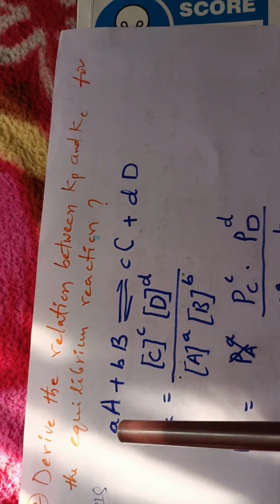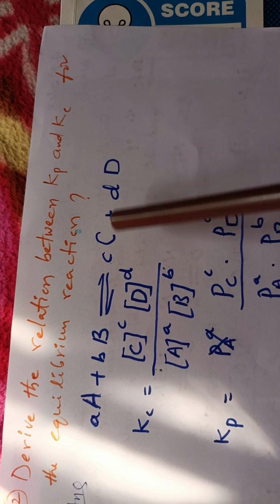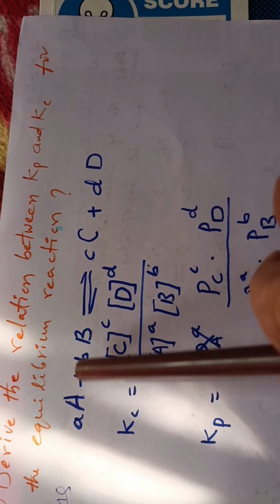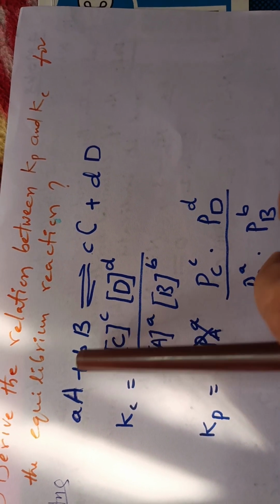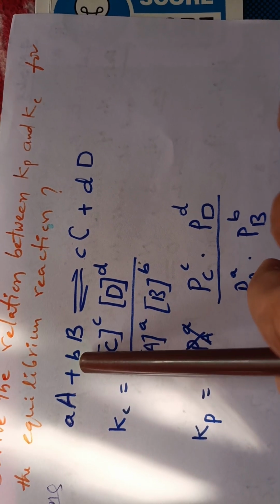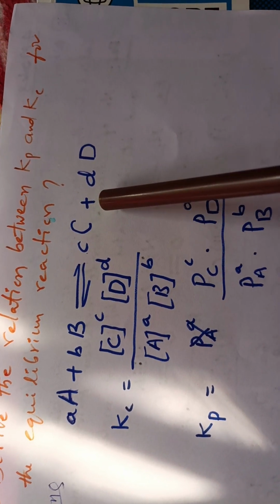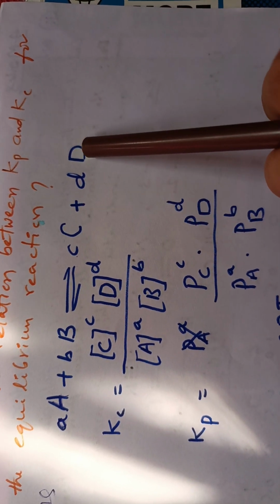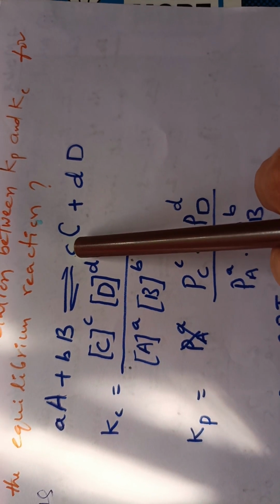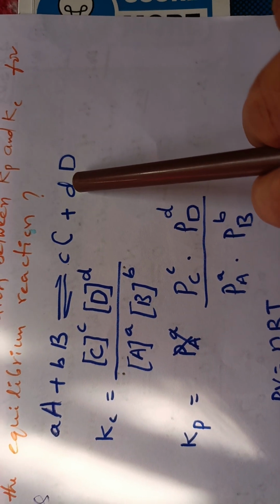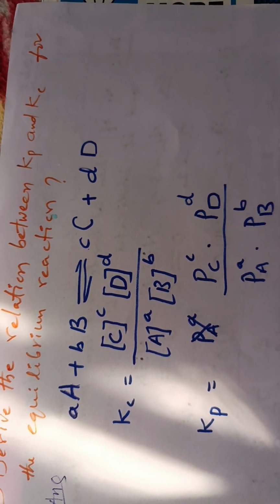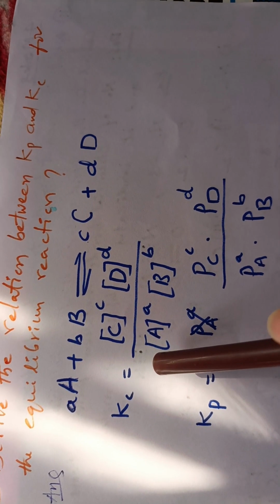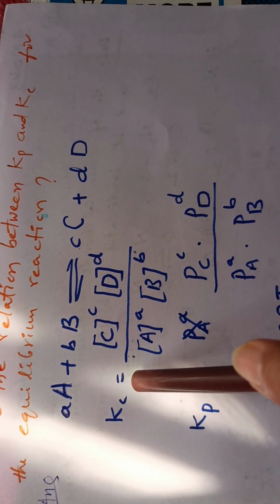You see, this is the hypothetical equation. A and B are the reactants, small a and small b are the number of moles of A and number of moles of B. This is the number of moles of products. These C and D are the products. Small c is the number of moles of C, small d is the number of moles of capital D. First we have to write the equilibrium constant.